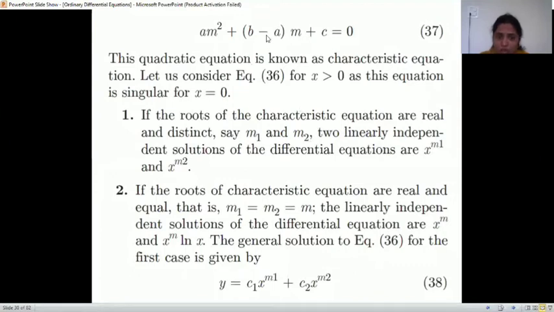Depending on the roots, if the roots are real and different, and suppose m1 and m2 are the two roots, then we have to write the terms x raised to m1 and x raised to m2.